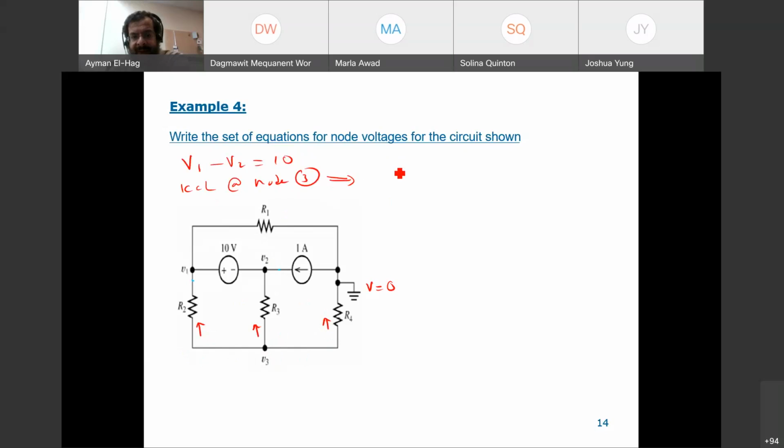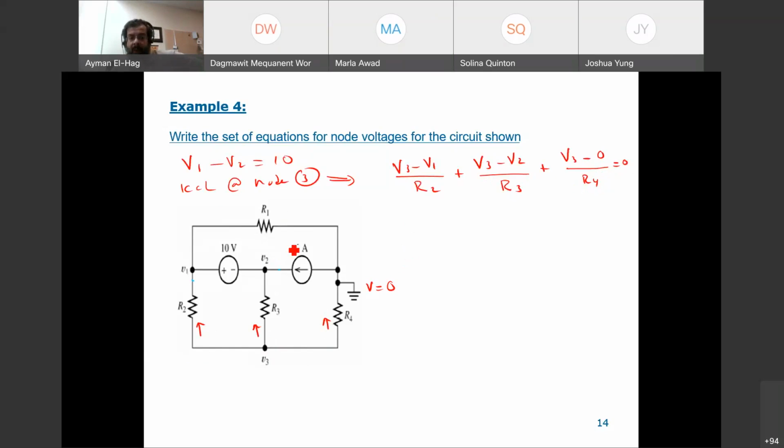So we have here V3 minus V1 divided by R2 plus this current in the middle, V3 minus V2 divided by R3 plus V3 minus 0 divided by R4 equal to 0. So this is my second equation.